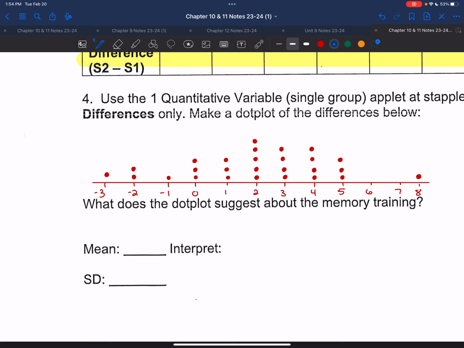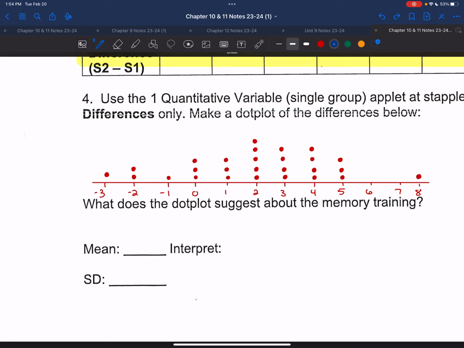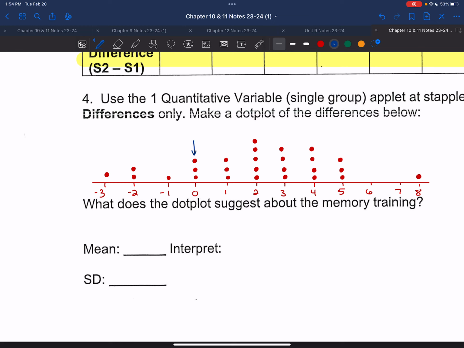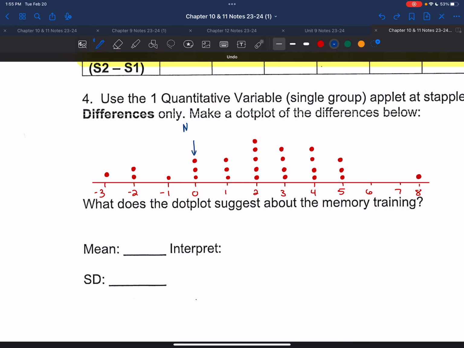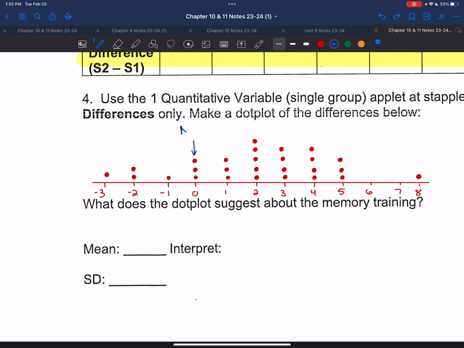If you think, strategy 2 minus strategy 1, if you got a difference of 0, that means you did the same with both strategies. In other words, there would be no difference between the two strategies. Now, if you had one or more, this would be where strategy 2 is better.